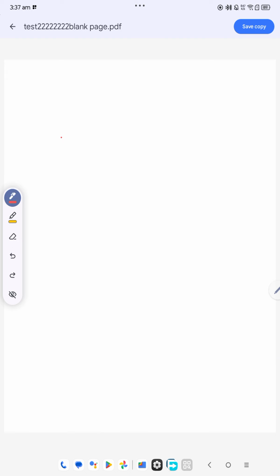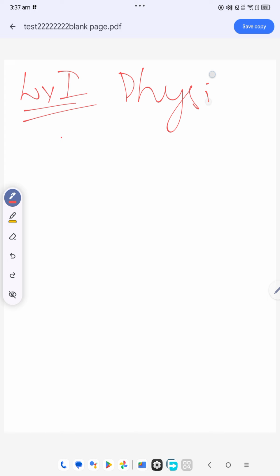OSI layer, level 1 layer. What is the level 1 layer? I think I have learned it: the physical layer. Physical layer is the level 1 layer.